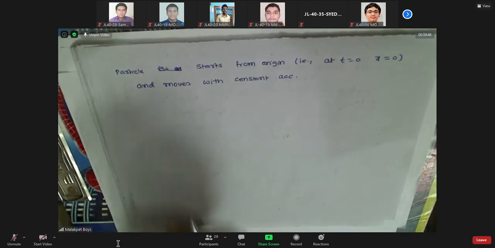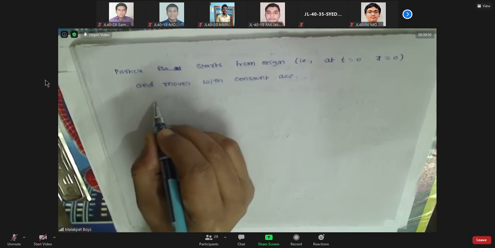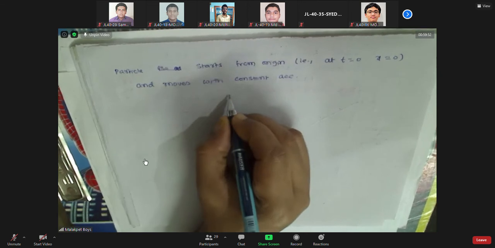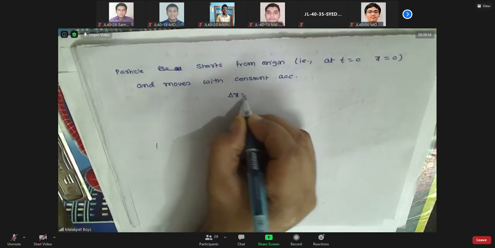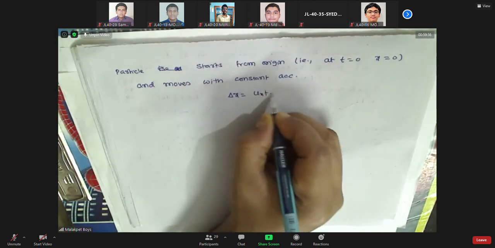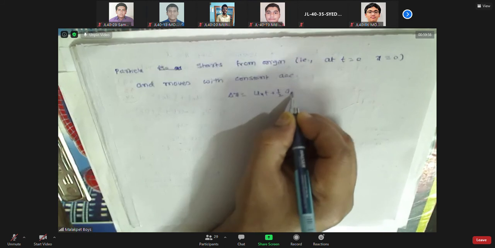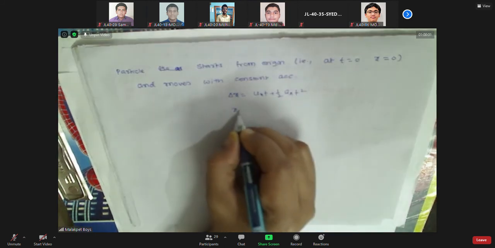Is it clear? That means you have delta x equals half a_x t square.